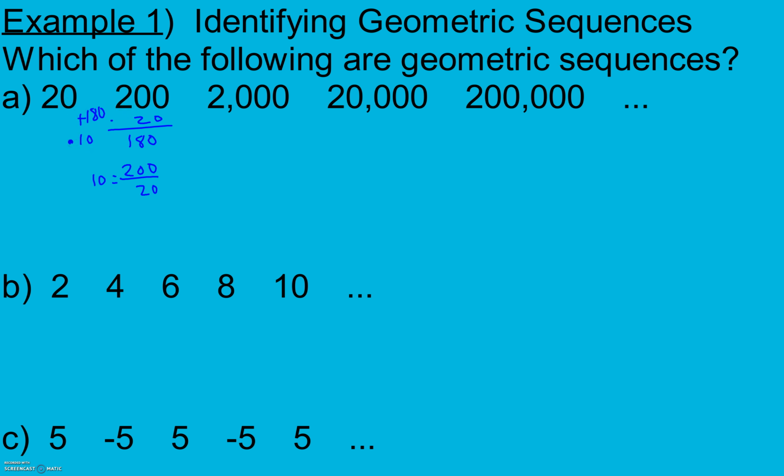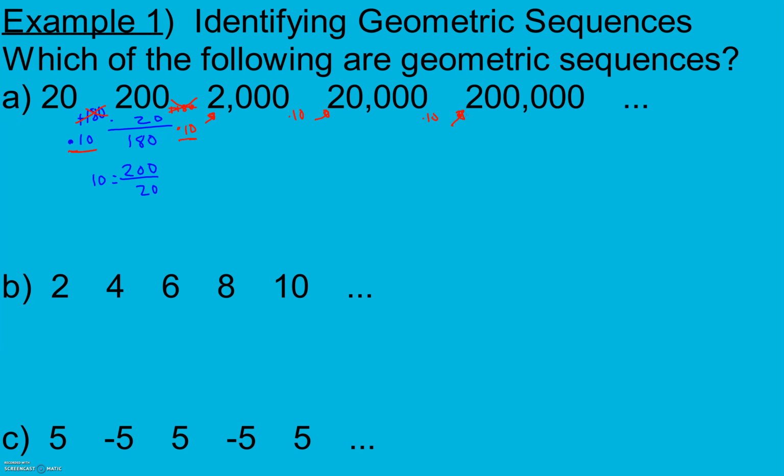Now we're going to do the same thing between our next two numbers. But here we already have a starting point. We're either going to try to add 180, which doesn't get us to 2,000, so that is not our pattern. But if I try multiplying by 10, that does get me to the value. So I'm going to keep this pattern and see if it works all the way through. Multiply by 10. Yep. Multiply by 10.